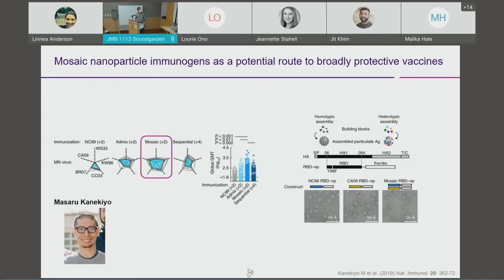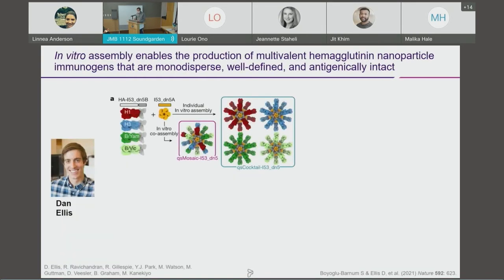So this was the first evidence that the mosaic approach could actually lead to more broadly protective responses, in this case within H1N1 influenza.